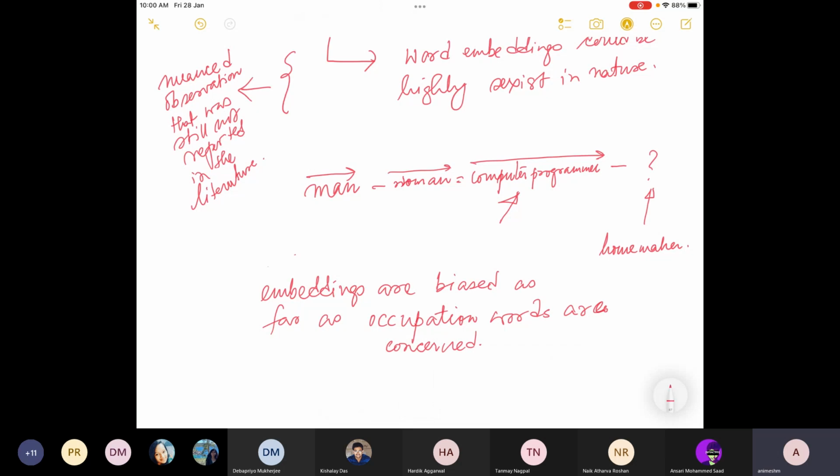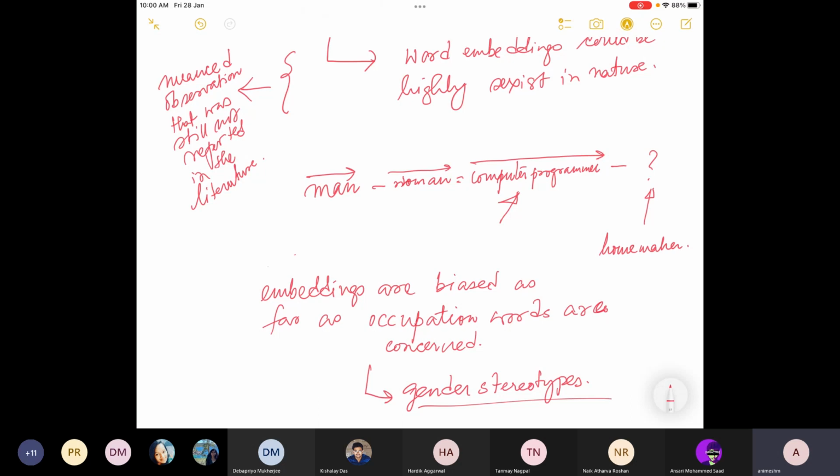Okay, so these are also sometimes called gender stereotypes, which means that it is stereotyped in our brain that some professions are connected to some genders.